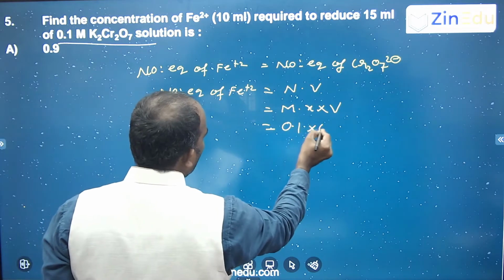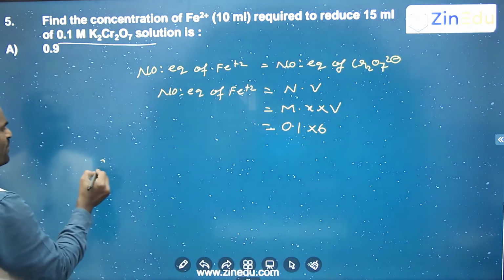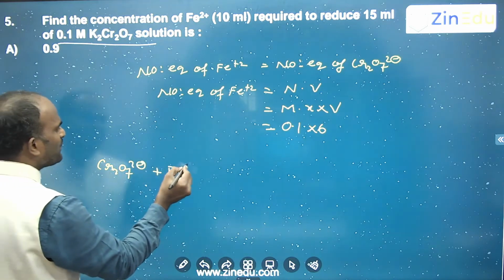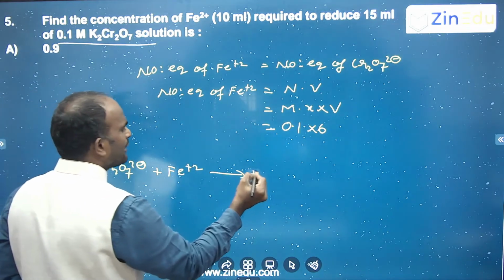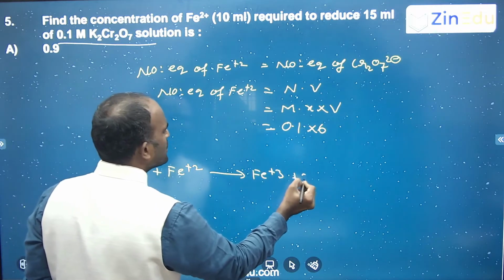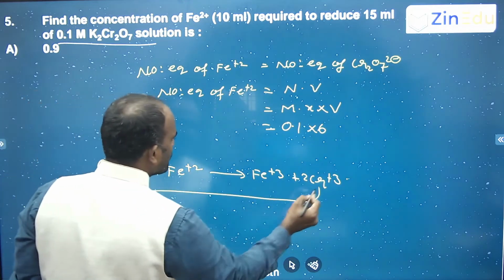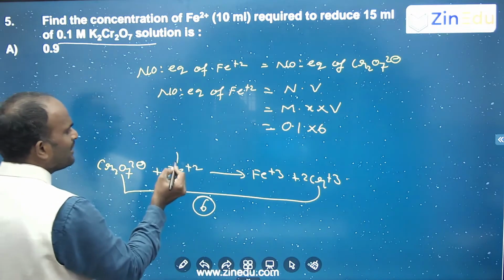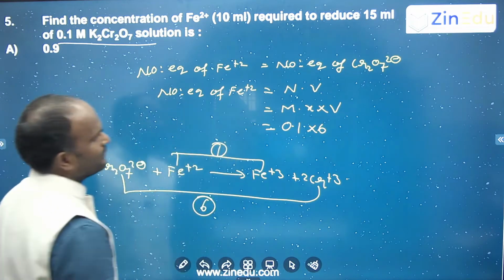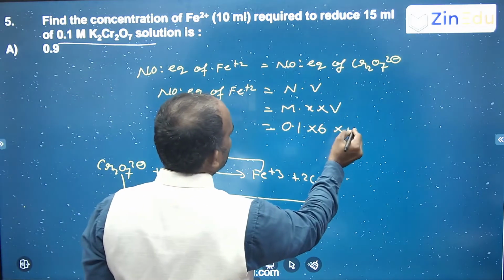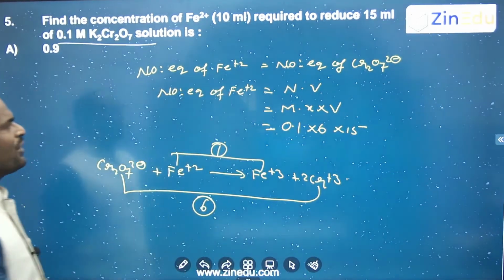Its X factor is going to be 6, because when Cr2O7 2 minus reacts with Fe+2, Fe+2 is converted to Fe+3 along with 2Cr3 plus. So 6 electrons get transferred here, and here 1 electron gets transferred. And here the volume is going to be 15. So these are the numbers of equivalents.